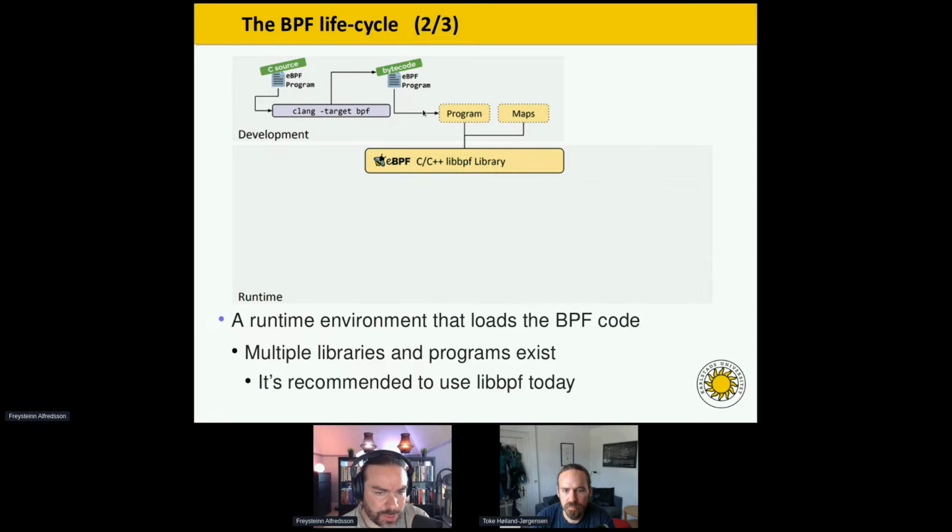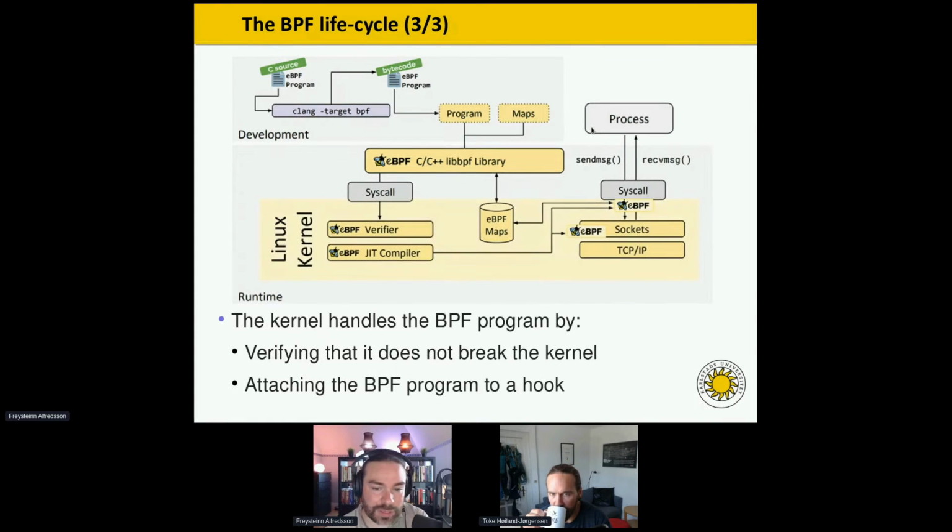Then within this bytecode, you have program sections and maps defined in the bytecode. And then through your user space application, preferably using a library like libbpf, you do all the heavy lifting to load the application into memory, that is, getting it through the verifier. If you write a BPF application, it's going to take a while for you to get used to the verifier.